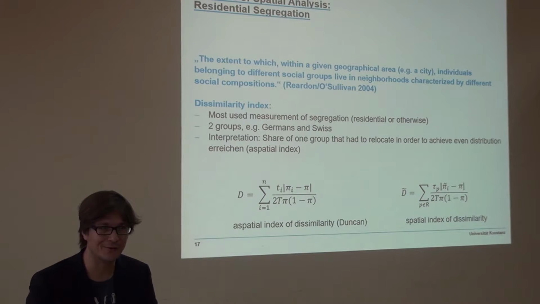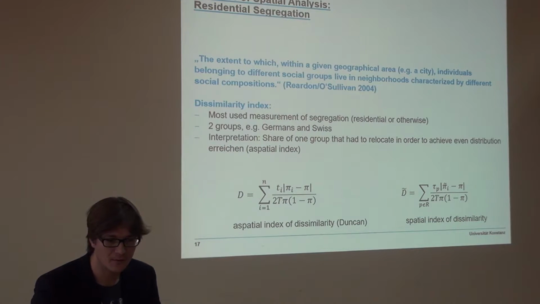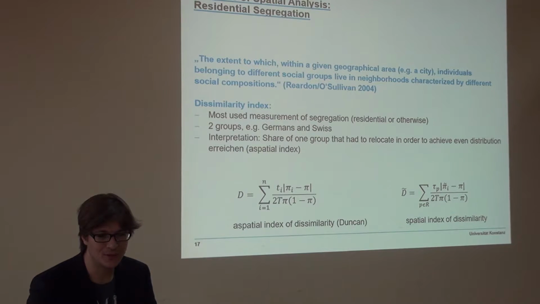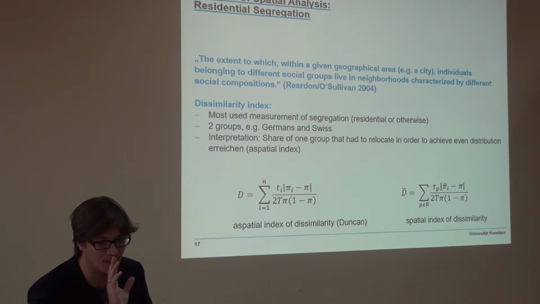You can also calculate segregation on occupations and so on, but this is residential segregation, and it's the index of dissimilarity, or Duncan's D. This is the extent to which, within a given geographical area, for example a city, individuals belonging to different social groups live in neighborhoods characterized by different social compositions.